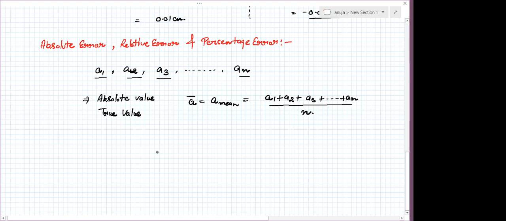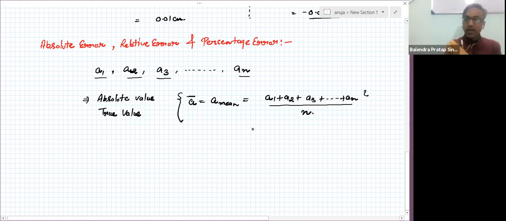This is the formula to find the absolute value, or we can say the true value.